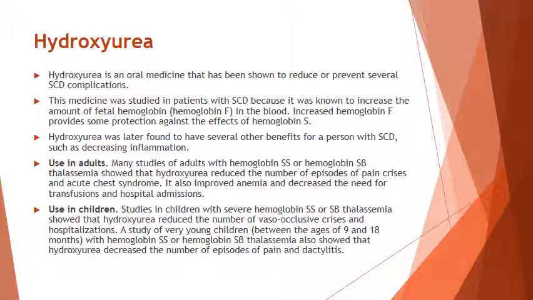Its use in children with severe hemoglobin SS or beta thalassemia showed that hydroxyurea reduced the number of those vaso-occlusive crises and hospitalizations. A study of very young children between the ages of 9 and 18 months with hemoglobin SS or the thalassemia trait also showed that hydroxyurea decreased the number of episodes of pain and dactylitis.